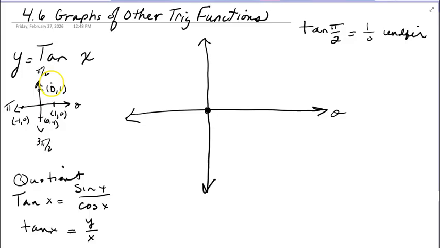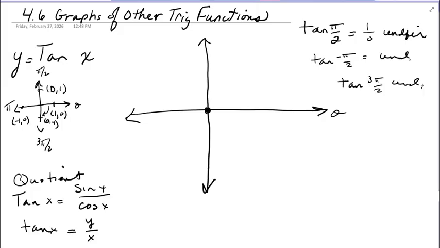Same thing would happen to 3 pi over 2, but you can think about 3 pi over 2 as tan of negative pi over 2. Undefined. And of course we can say that tan of 3 pi over 2 is undefined, because in all these cases, to get our quotient using our quotient identity, we're dividing by 0, and it ends up obviously being undefined.